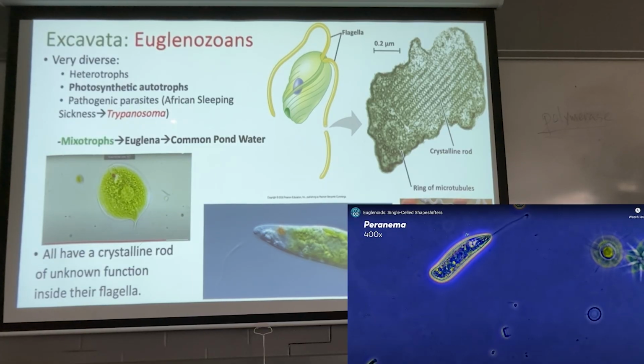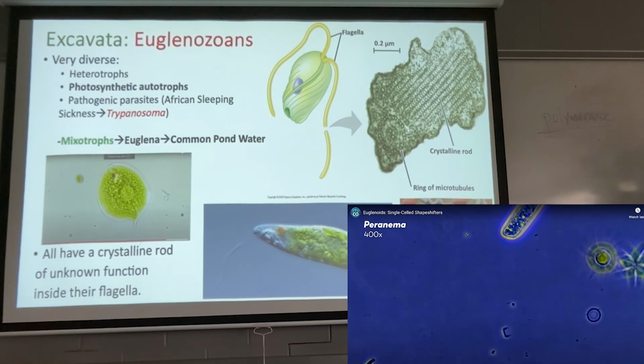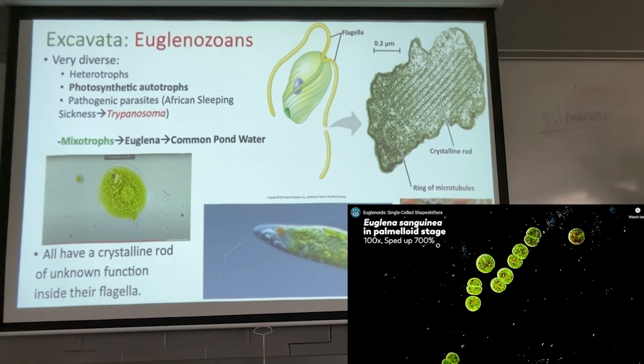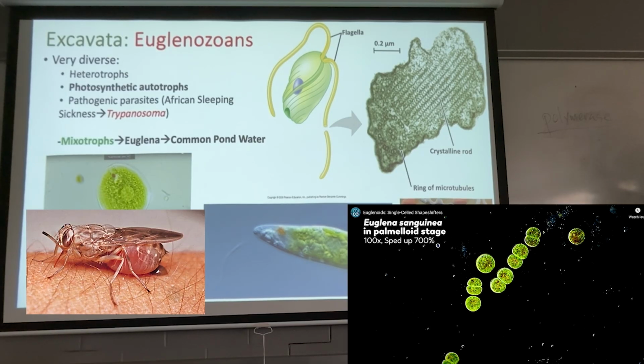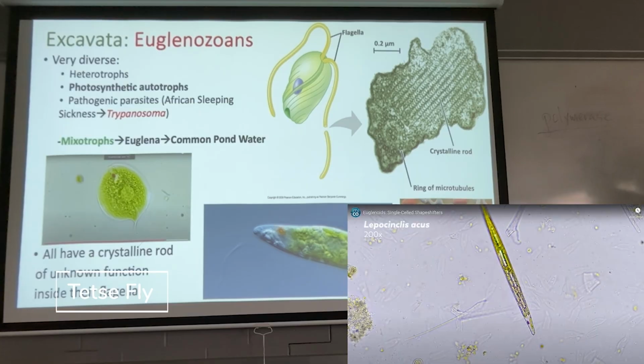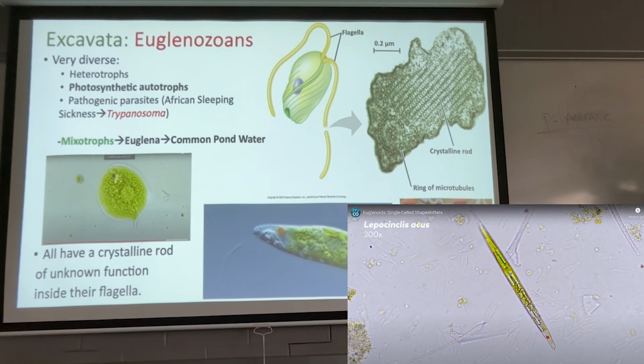This particular parasite, like most parasites, has a very complicated life cycle. There are two hosts. The first host is called the tsetse fly. It's an African fly group that bites humans. It feeds on blood, and if an infected fly bites you, it will basically inject the trypanosome into your blood.